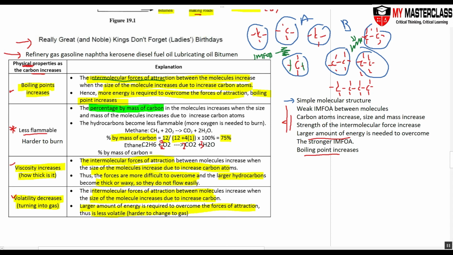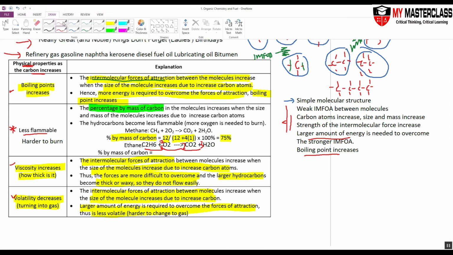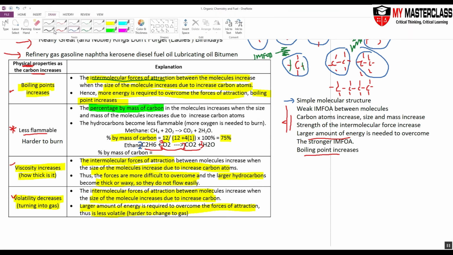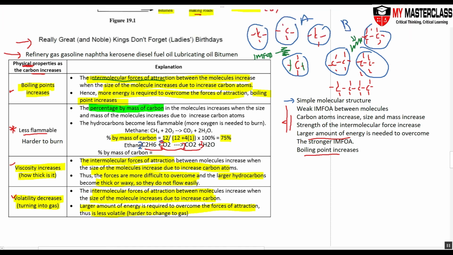But you cannot leave it at 7/2, so bring your 2 to everybody. Your final answer will be: bring the 2 to everybody, this one will be 2, this one will be 7. Don't leave it as a fraction. Then 2 times 2 is going to be 4, and 2 times 3 is going to be 6.